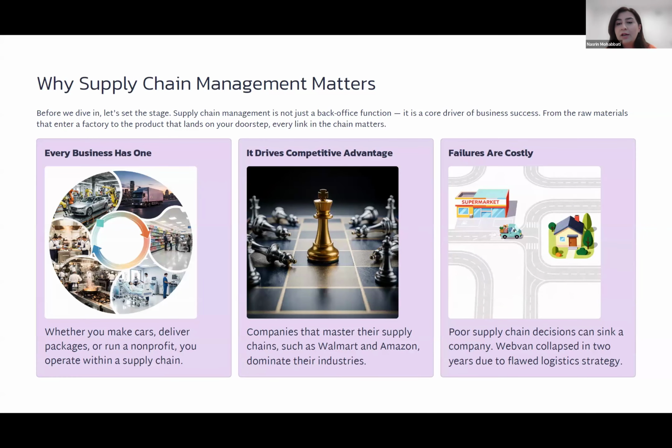Before diving into definitions, let's talk about why studying supply chain management is important. Every single product that you see in front of you has a supply chain. Your smartphone, your laptop, even the desk and chair that you're using, every single one of them has a supply chain.